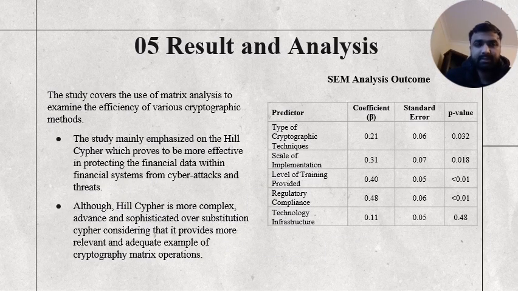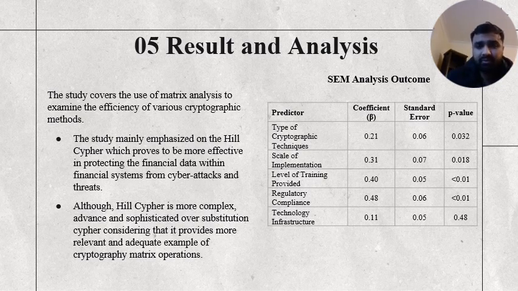So, result analysis. The study covers the use of metric analysis to examine the efficiency of cryptographic methods. The study mainly emphasized the Hill cipher, which proves to be more effective in protecting the financial data within financial systems from cyber attacks and threats.